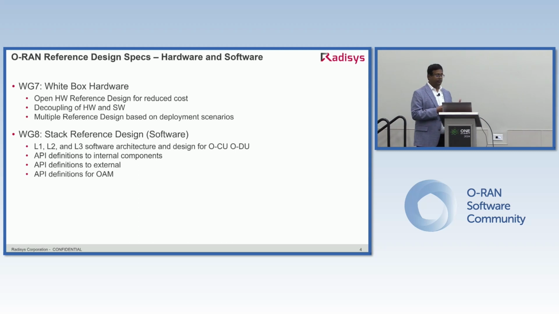It's not a normative spec, but we have a whole lot of details covered, especially the building blocks of the various functions within DU and CU, and the various different APIs or function calls between the modules that constitute the DU and CU. And these also relate to the external interfaces and the O&M interface.